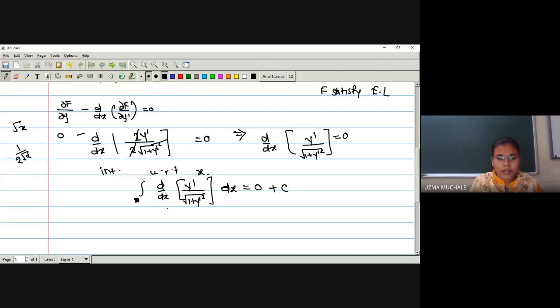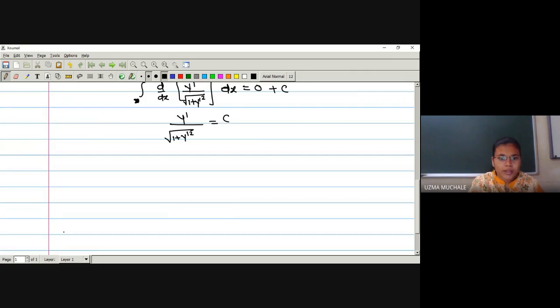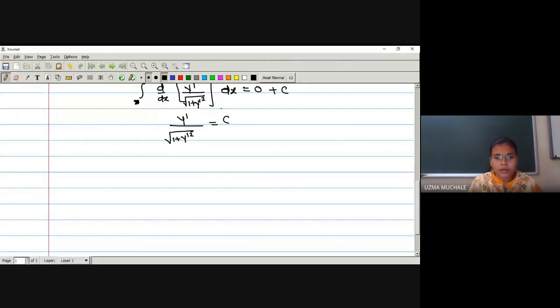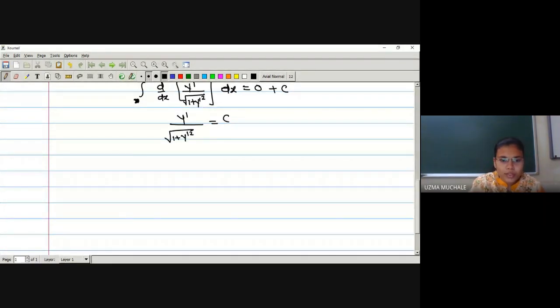So integration and derivative get cancelled, and we get the resultant term as y dash upon under root of 1 plus y dash square is equals to some constant. So we get this result. The constant c is included, so the limits of integration we haven't used. So we have to just solve this equation.